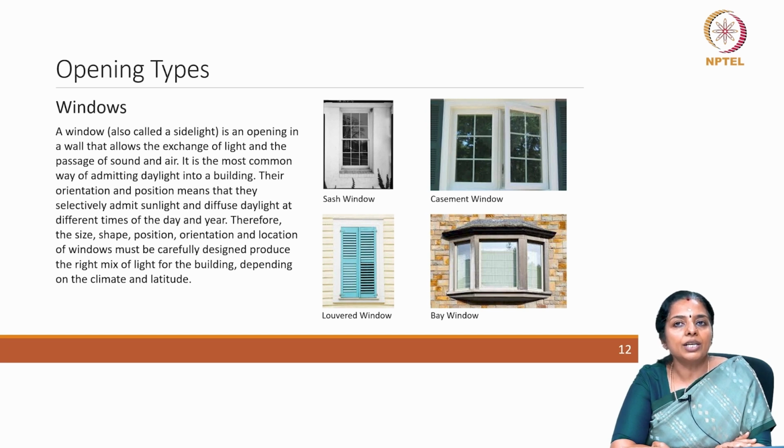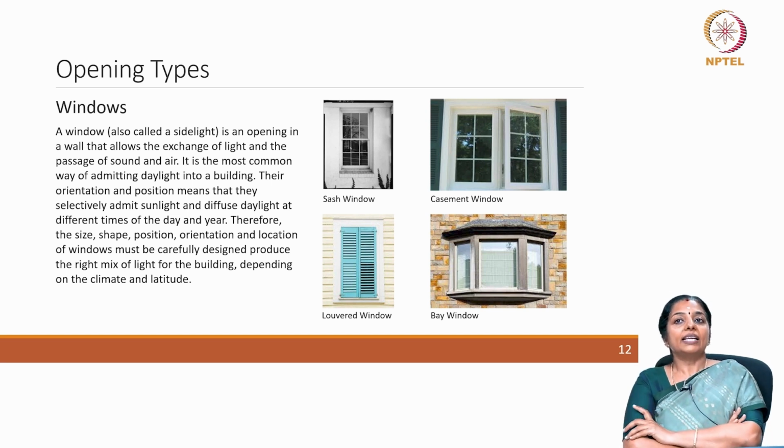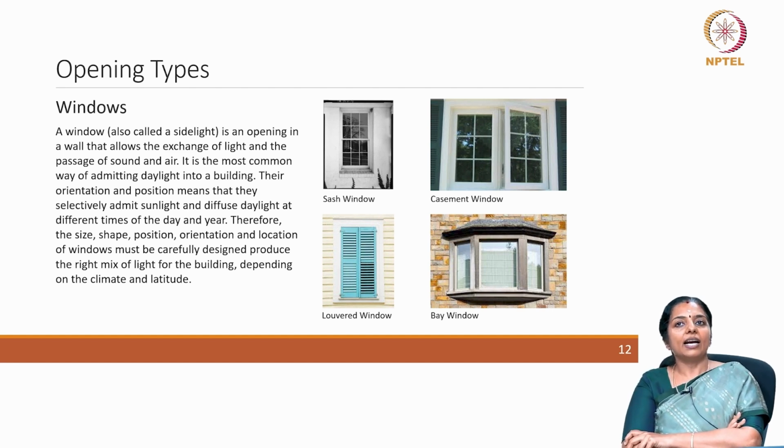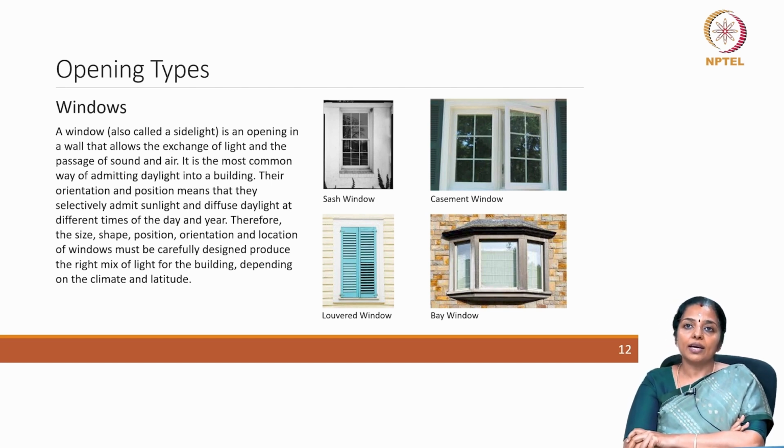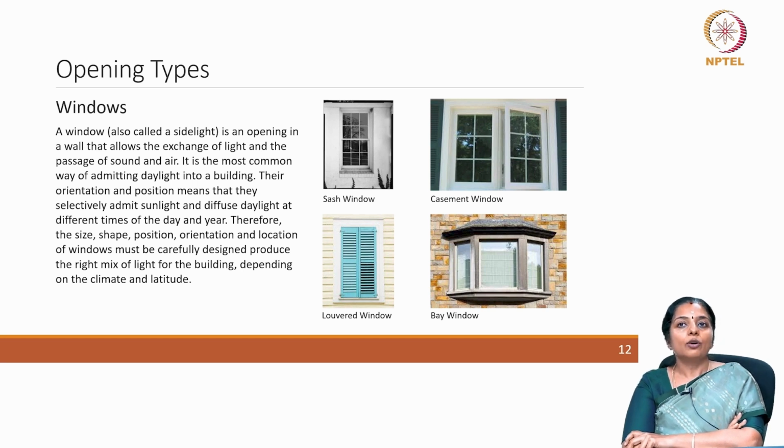Its orientation and position mean that they selectively admit sunlight and diffuse daylight at different times of the day and year. Therefore, the size, shape, position, orientation, and location of windows must be carefully designed to produce the right mix of light for the building, depending upon the climate and latitude.